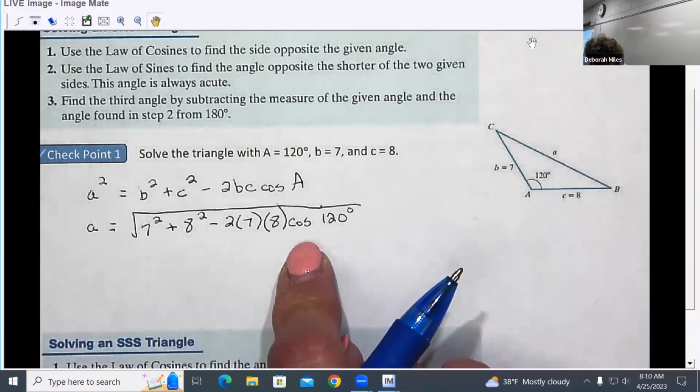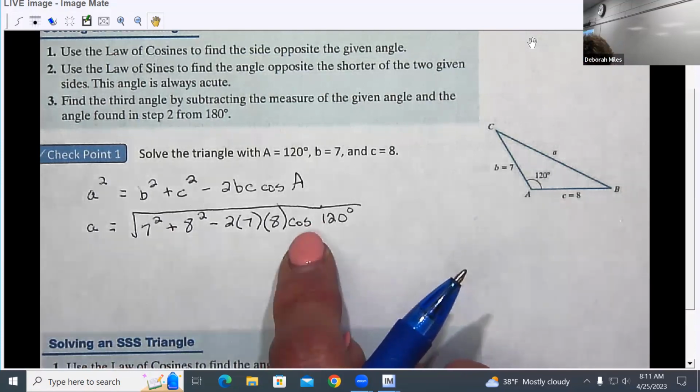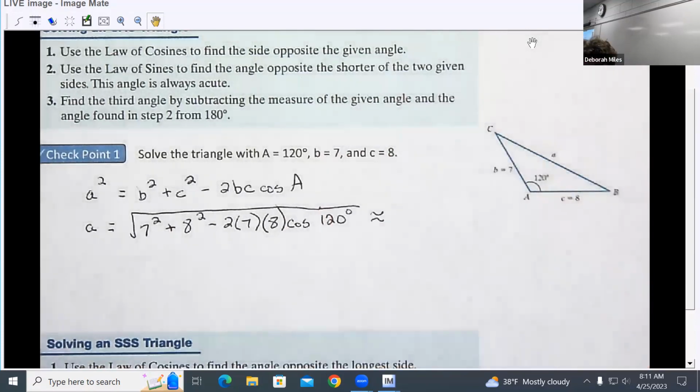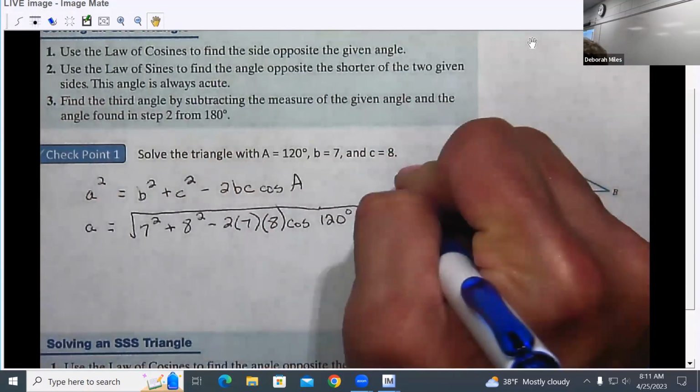I think the directions here actually say, did I write down the directions? I didn't write the directions, but based on what I wrote for my answers, it looks like we're rounding everything to whole numbers. So if you punch that on the calculator, I got it to be darn close to 13.